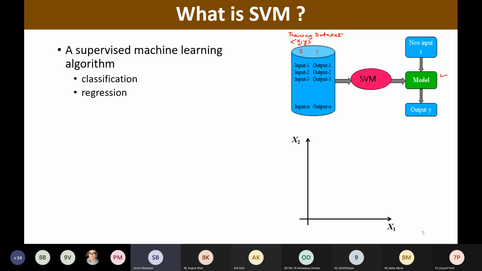Let us assume that we are having training data set with two classes. So we are having circle class and we are having triangle class. So we are having few samples or few observations from circle class. Look at this. These are the samples, those belong to my circle class, and also we are having few samples from the triangle class. So these are the samples, those we may have from this triangle class.